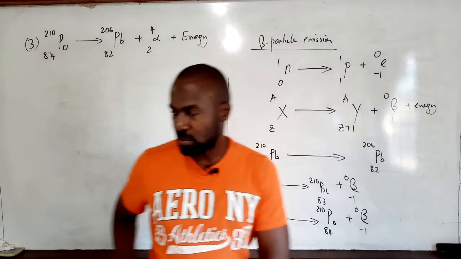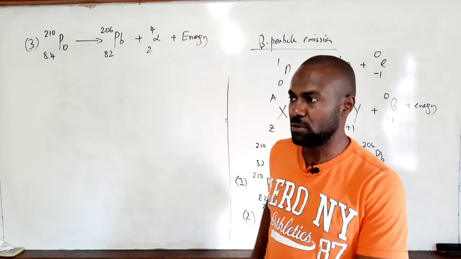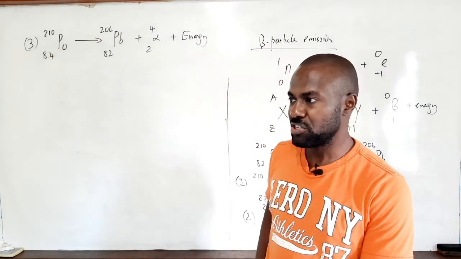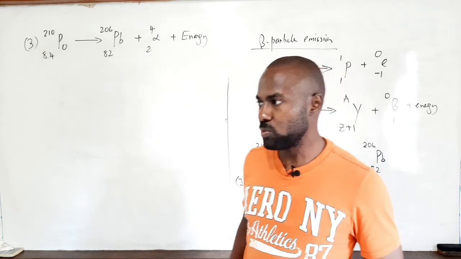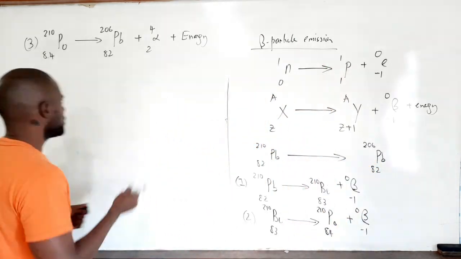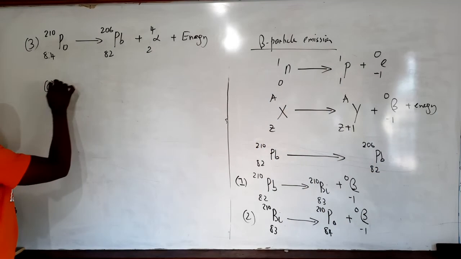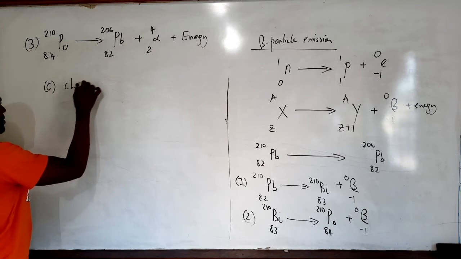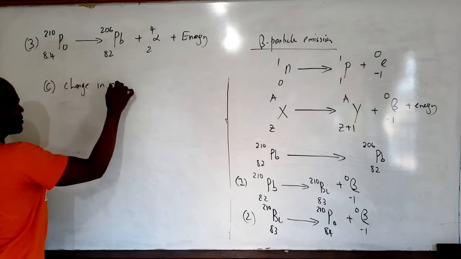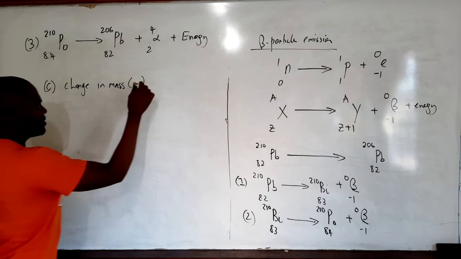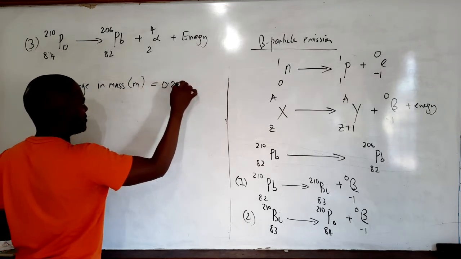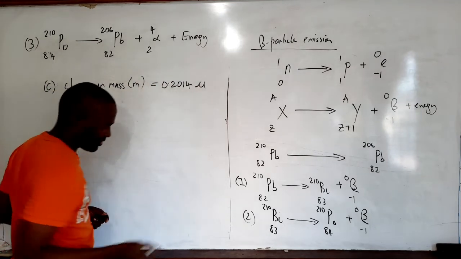Alright, so this part of the question says calculate the energy given off in a nuclear reaction if the change in mass is 0.2014 U. So part C, the change in mass is 0.2014 atomic mass units.